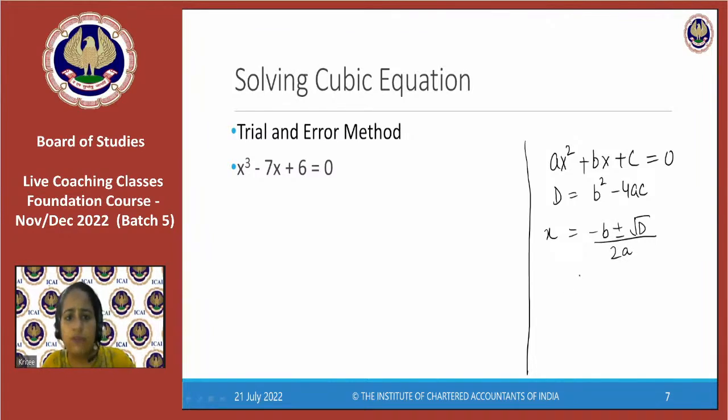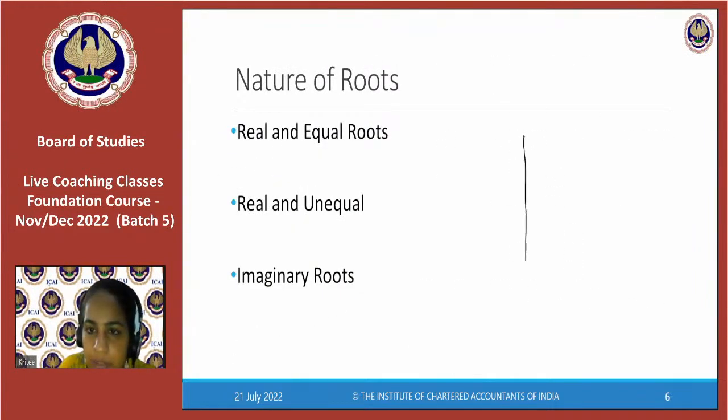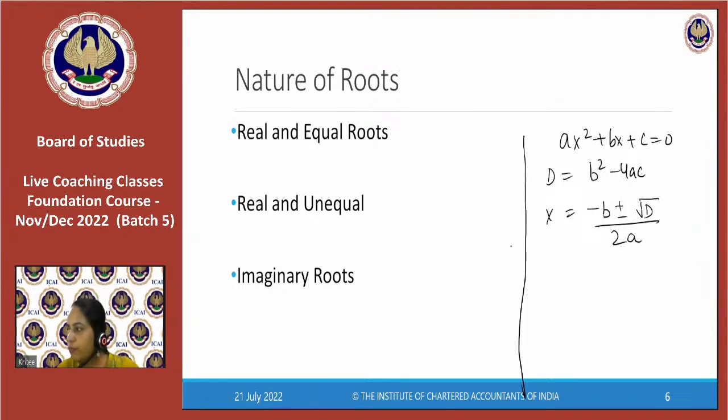So we did two kinds of questions, if you remember. I am talking about the nature of the roots. One was x square minus 5x plus 6 equals to 0, wherein you got values 3 and 2.